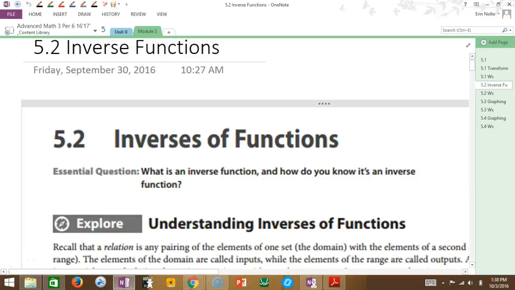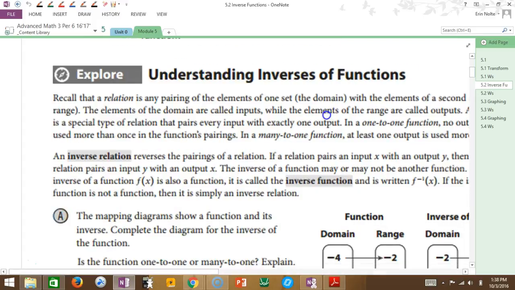Okay, inverse functions. So, anybody remember anything about inverse functions? It is the inverse of the function. So true. Oh, I don't know. Oh wow, you guys are, this is going to be so easy for you guys. Okay.